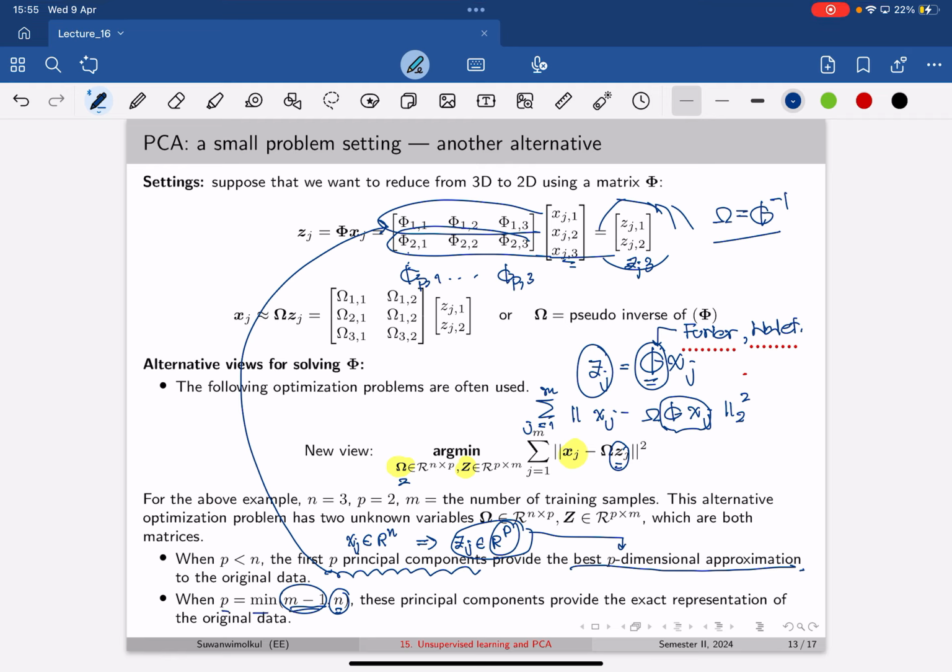For p between these two values, the principal components should provide you the exact representation of your original data.